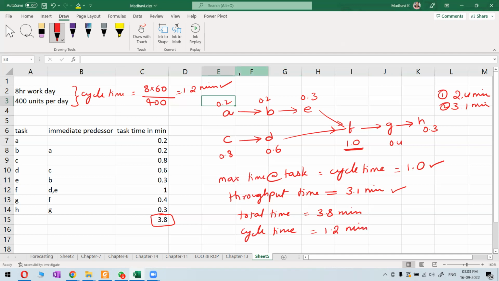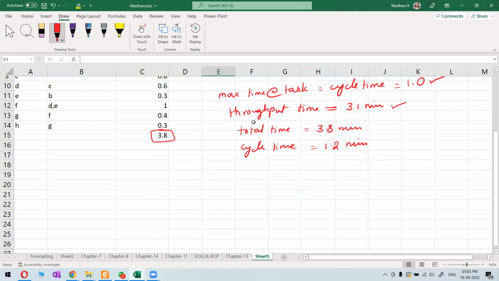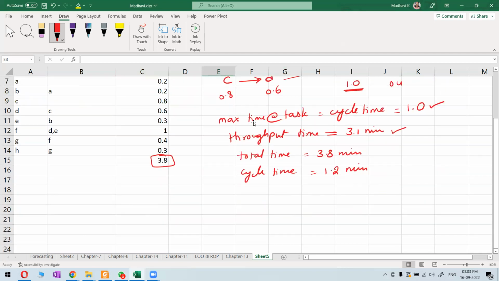Now, based on this information, we are going to check the number of workstations. Number of workstations equals total time, that is 3.8 minutes, divided by cycle time, which is 1.2 minutes. Please make sure that both of them are in the same units. This is equivalent to 3.17 stations.